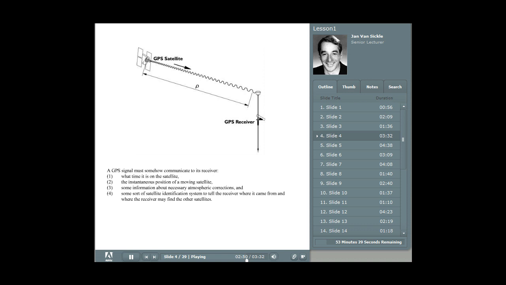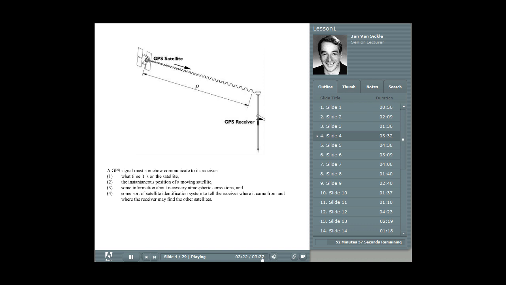This is because each distance that a receiver has must be correlated to the control point or the satellite from which it came. And since it will be observing a minimum of 4, and in most cases probably more, satellites, it needs to be able to put the appropriate range, the appropriate distance or length, to the correct satellite. So it needs to identify each one of those signals.